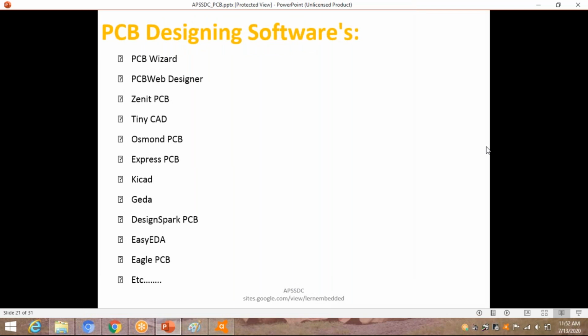Okay, these are the number of softwares available for designing PCBs. There are a number of softwares like PCB Wizard, PCB Web Designer, Genit PCB, TinyCAD, Osmond PCB, Express PCB, KiCad, JADA, Design Spark, EasyEDA, Eagle PCB, etc. In this 2-week session, we will be using a basic software, that is PCB Wizard.